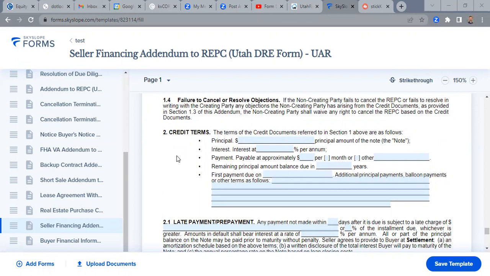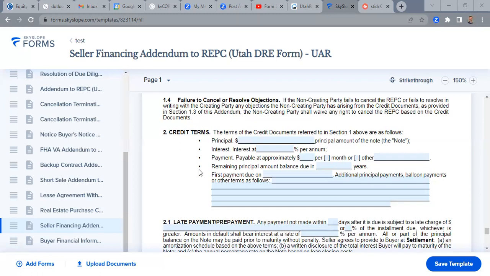What are today's rates? If I'm a seller, I might want to get a little higher rate than today's going market rate. Or maybe in order for me to sell this, I'm going to offer better terms than I can get on today's rate. Maybe my underlying mortgage is at 3% and I offer this at 5% seller financing, and it makes my property more attractive, more marketable than a going rate of 7%, something like that.